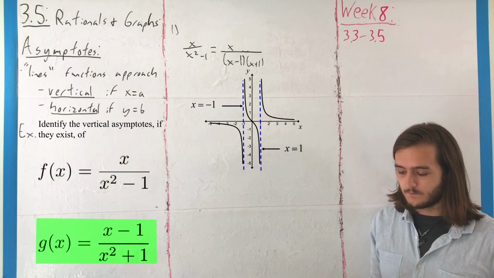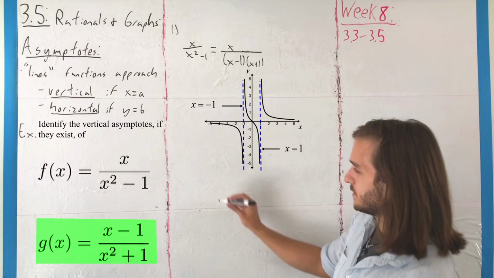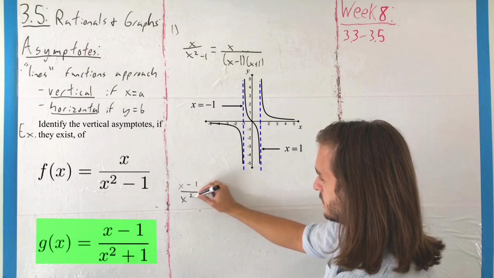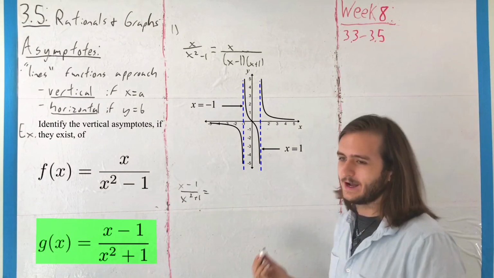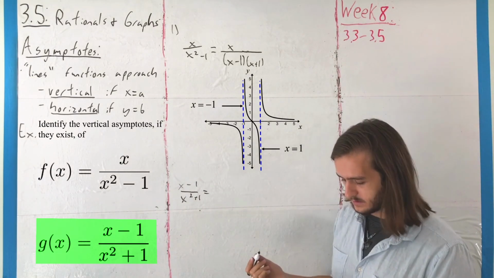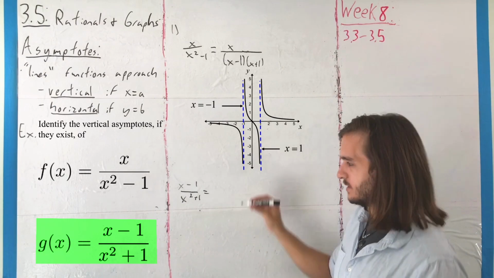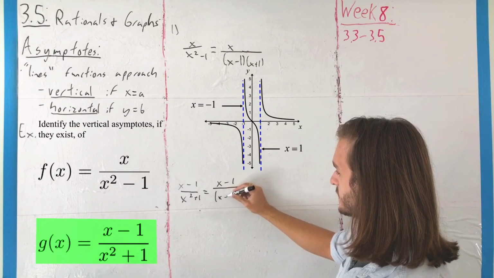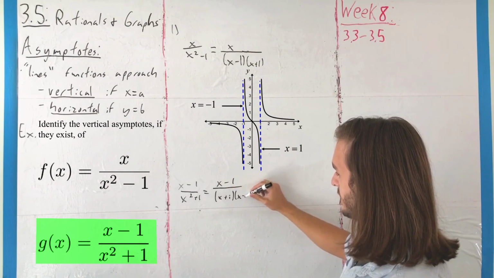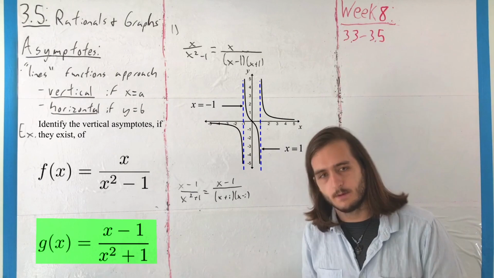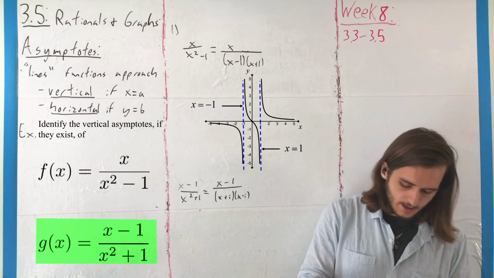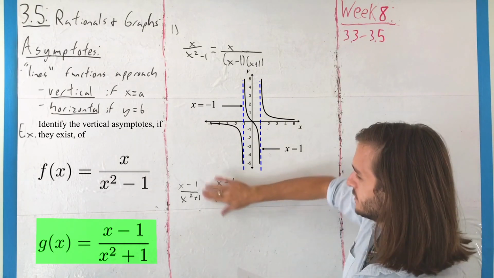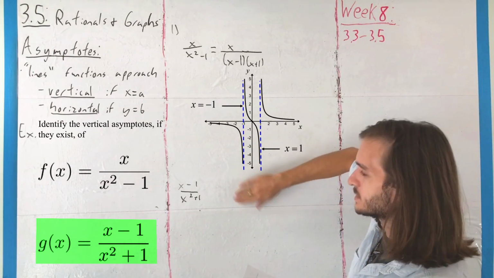On the other hand, for x minus 1 over x squared plus 1, we can't really factor this. You can kind of hope to factor it into x plus i times x minus i, but remember, we're avoiding cases dealing with complex and imaginary numbers, so that's not really a concern for us.